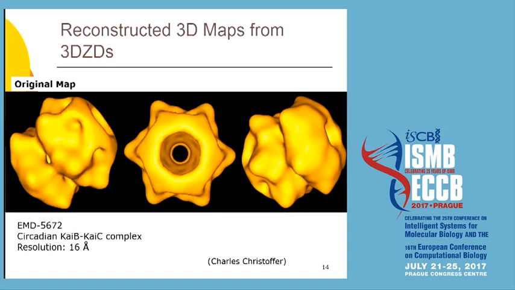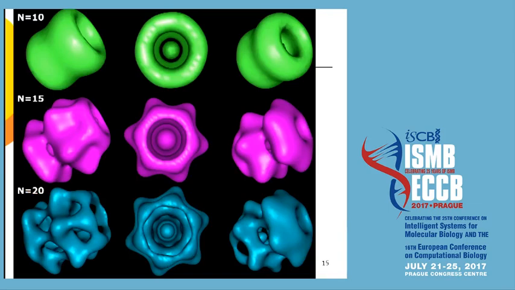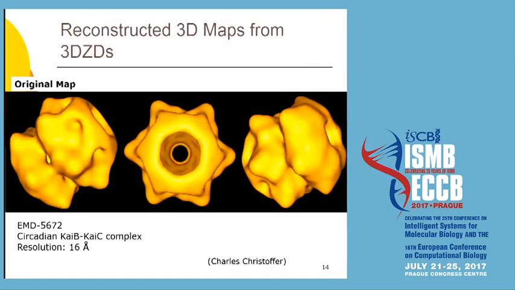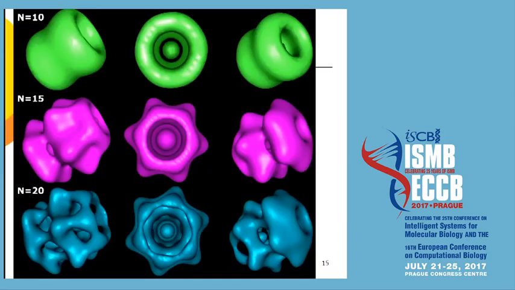This is one example. From the 3D Zernike descriptors, we can also compute the surface structure back. This is the original map of the KEYB, KEYC complex. This is a relatively low resolution, 16 angstrom. Because this is a series expansion, if I cut the series expansion at an earlier level, then it represents very low resolution structures.